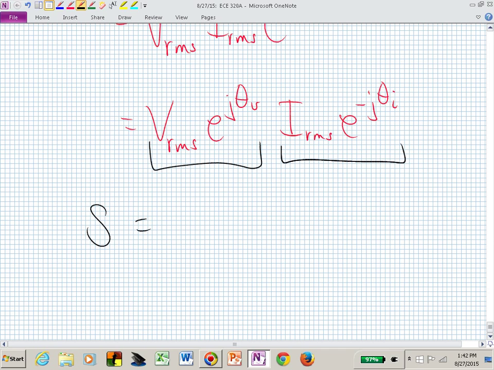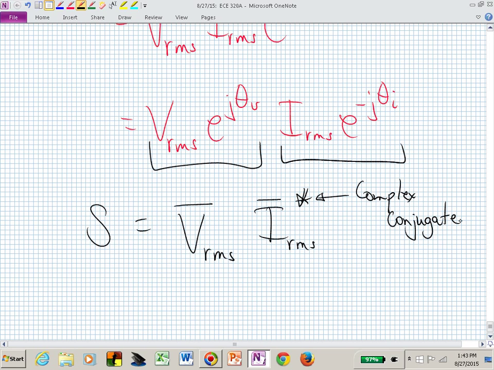So now we need to conjugate I in order to get that minus sign to be there. So that now the S, the complex power, is V RMS as a phasor. That's what I've indicated with the black bracket. And now you just told me that I can multiply that by I RMS complex conjugate. We've now derived the formula that we said we wanted to look at the beginning of the class.